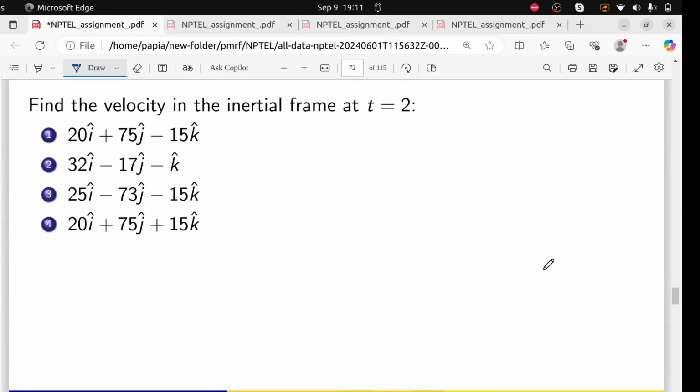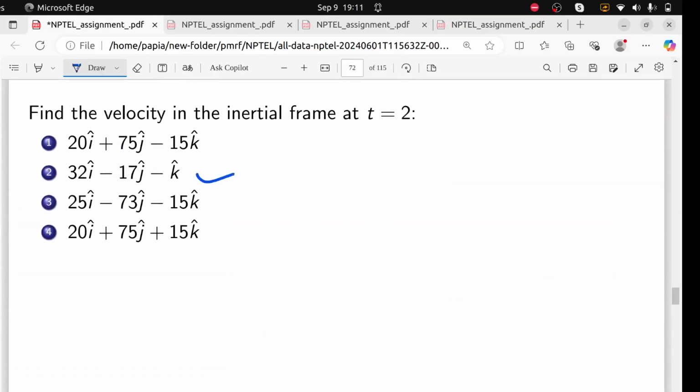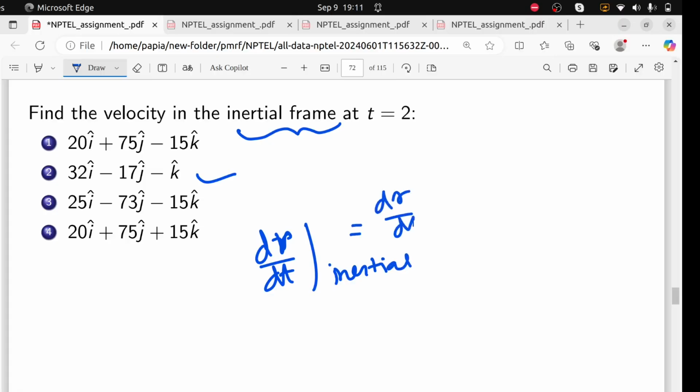So I can see 32, minus 17, minus k cap. This one. As they are talking about the inertial frame velocity, so we have to use this one: dr dt rotational plus omega cross r. Okay.